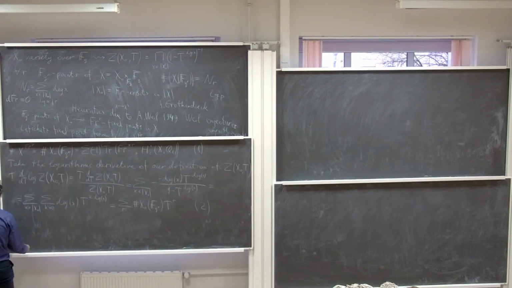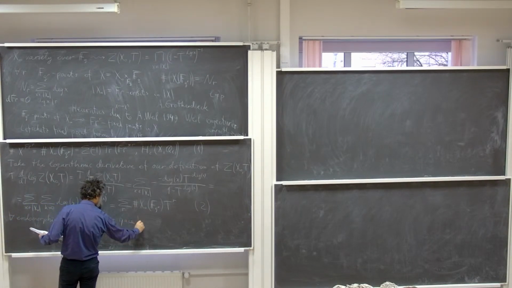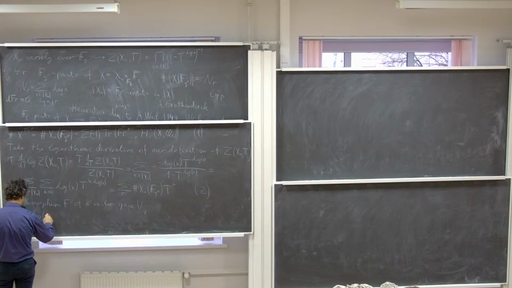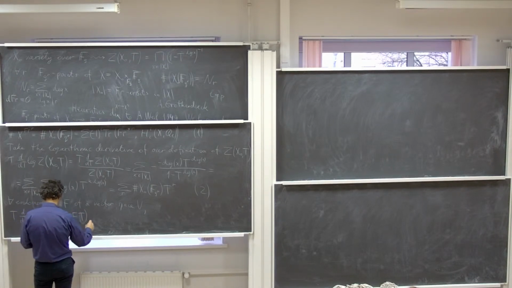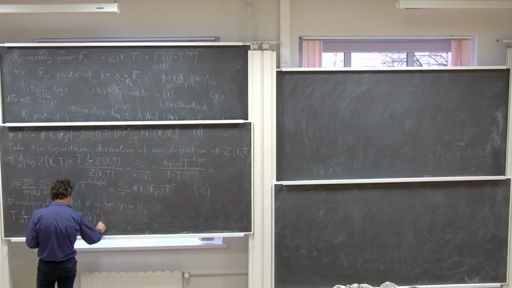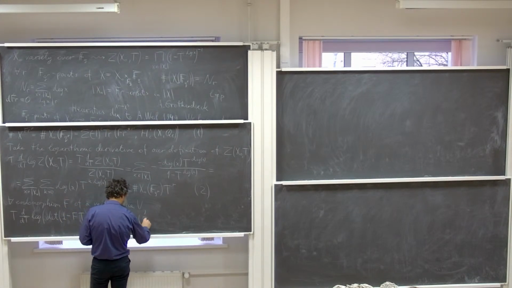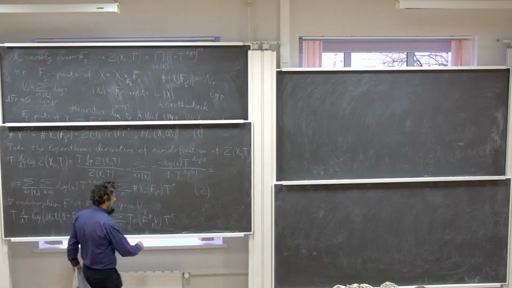Then I will need the third formula, namely that for any endomorphism f of any finite-dimensional vector space V, if you take the logarithmic derivative of the characteristic polynomial, the determinant of 1 minus ft on the space V, inverse, then you get the sum of traces of f to the power r times t to the r, the generating function. And this will be our third ingredient.